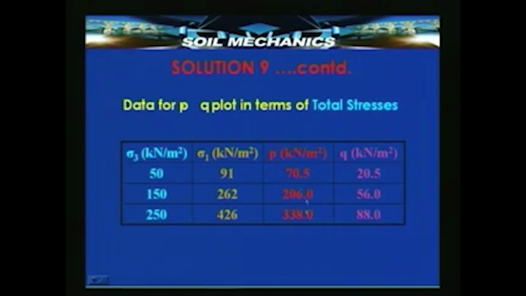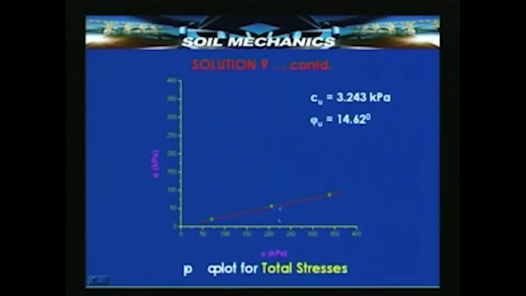So, if we plot this value of P and this value of Q, we get the total stress PQ plot. So, here is the total stress PQ plot for this test, and from this the intercept and the angle of inclination will give us the undrained cohesion and the undrained angle of friction as 3 and 14 approximately.